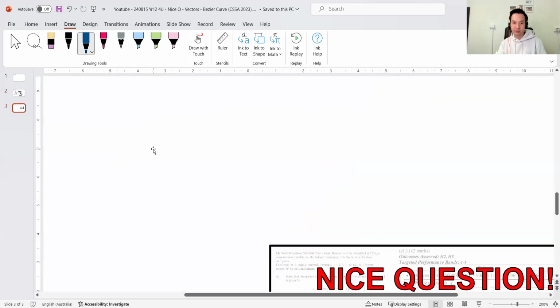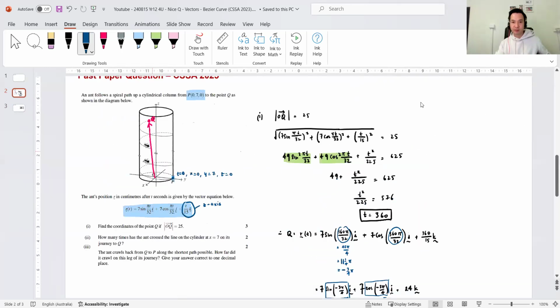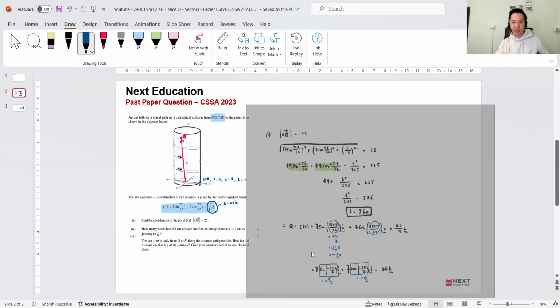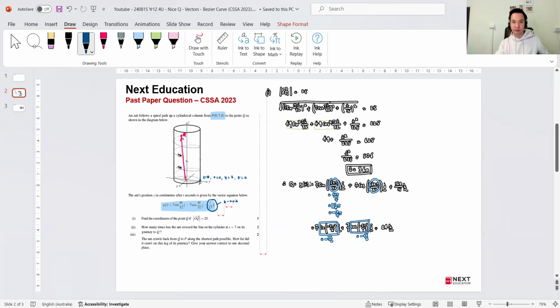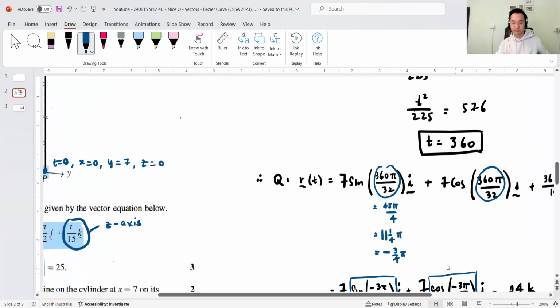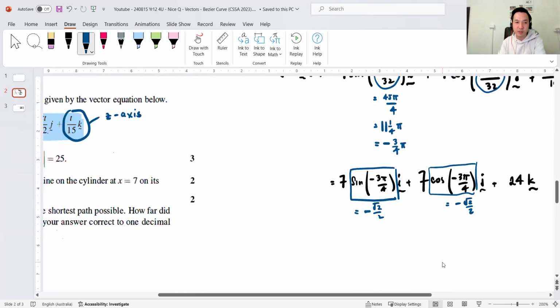Do I have space or don't I? I'll just move this up slightly so I can capture that all on the same page. So then the final coordinates would be negative 7 root 2 on 2 i minus 7 root 2 on 2 j.